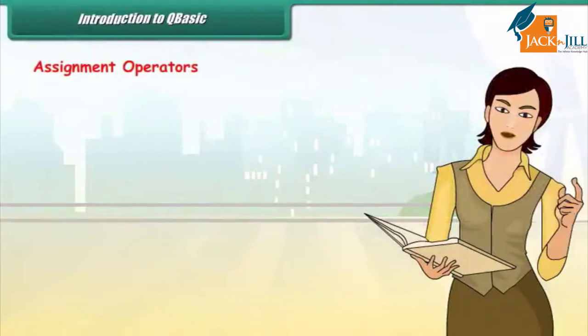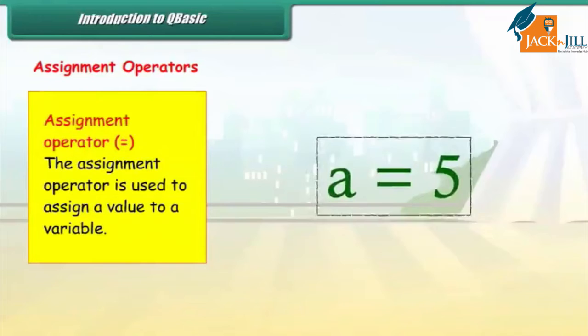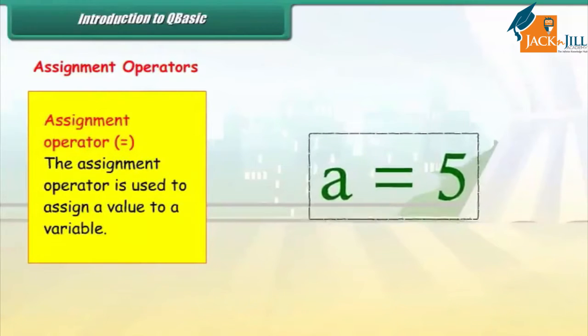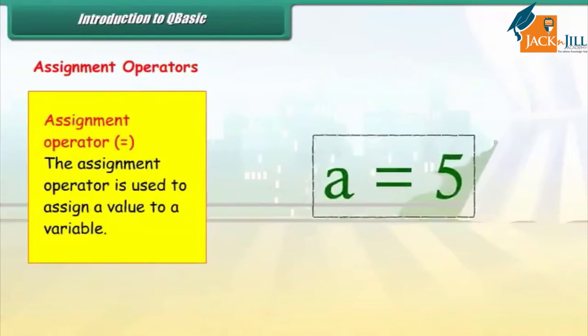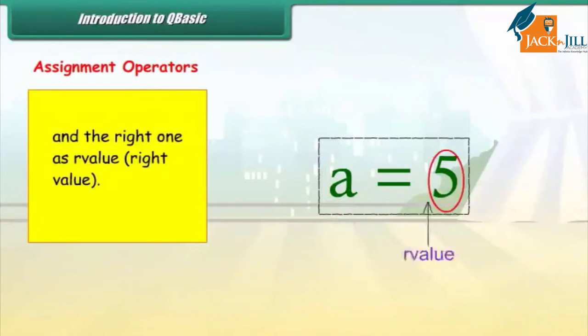Assignment operator. The assignment operator is used to assign a value to a variable. The part at the left of the equal operator is known as the L value and the right one as the R value.